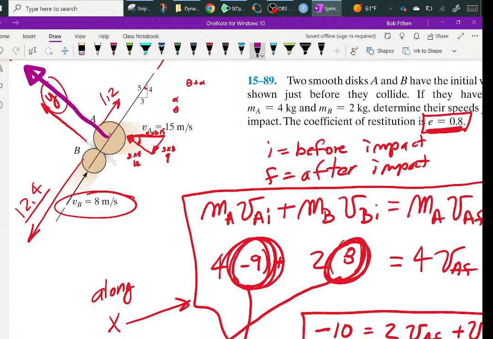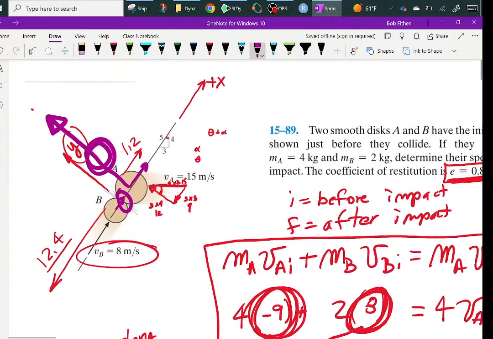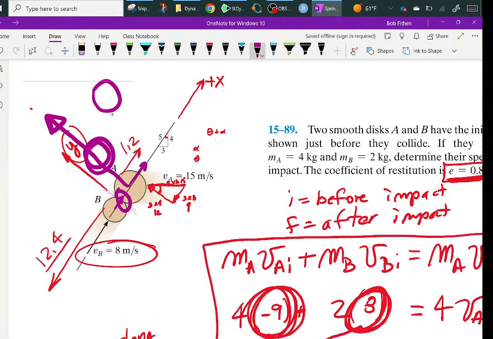So a few seconds later, this ball here will move over to the side, and this one will move. This one might move to here eventually, but this one will be sitting right there. And this one will still be going that way, with a component that way.